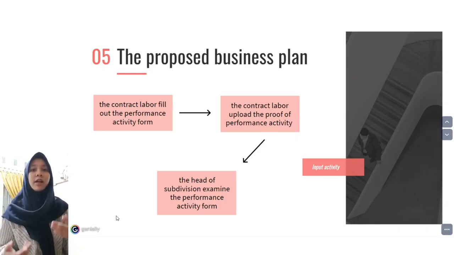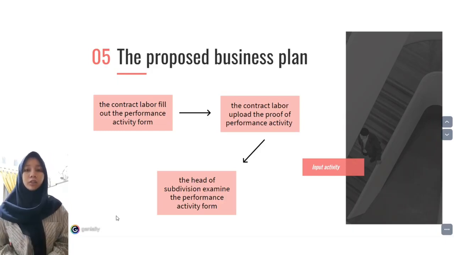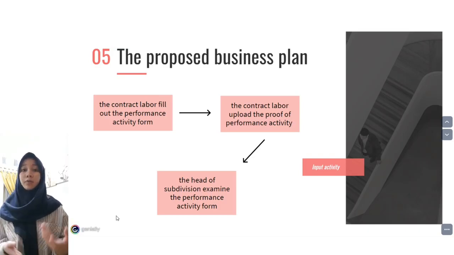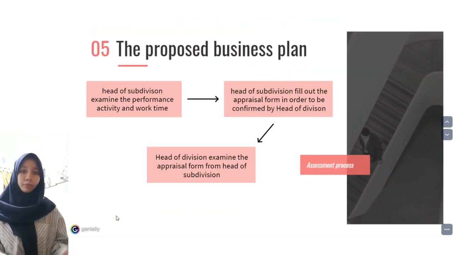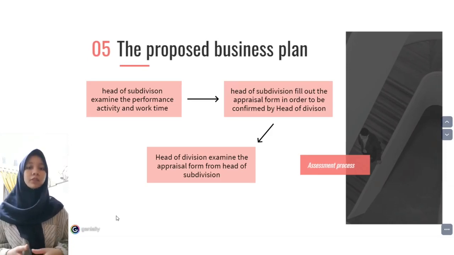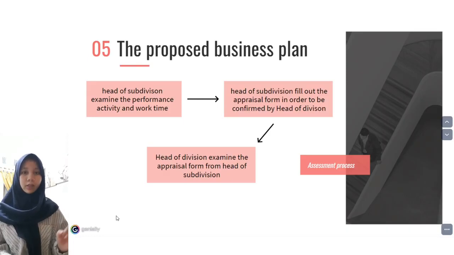The contract employees log in to the system, and then fill in the form that contains a performance activity, and then upload the proof for that performance activity. After that, the head of subdivision will examine the performance activities.